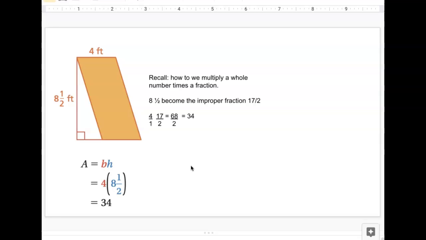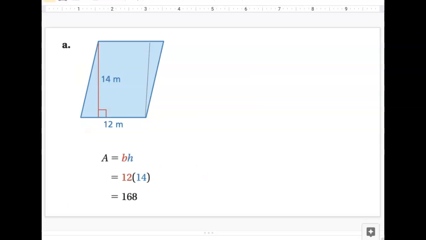So when you are looking at different parallelograms, the first thing you're going to want to do is identify the base and the height. The height is always going to be found next to this 90-degree angle, and parallelograms are made up of triangles on the side, so you'll be able to identify where the triangles are, where the height is, and where the base is.